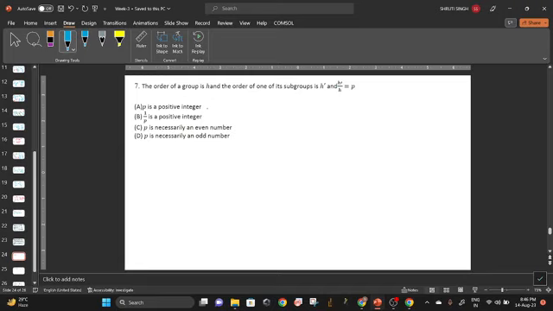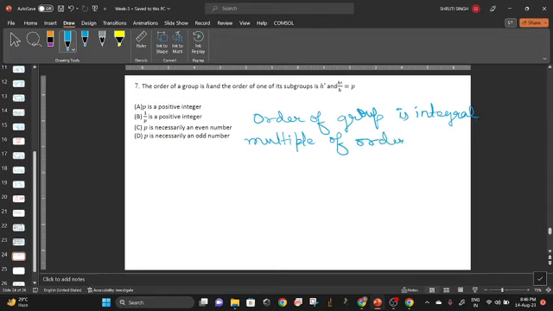Now from classes we have seen that the order of a group is an integral multiple of the order of the subgroup.